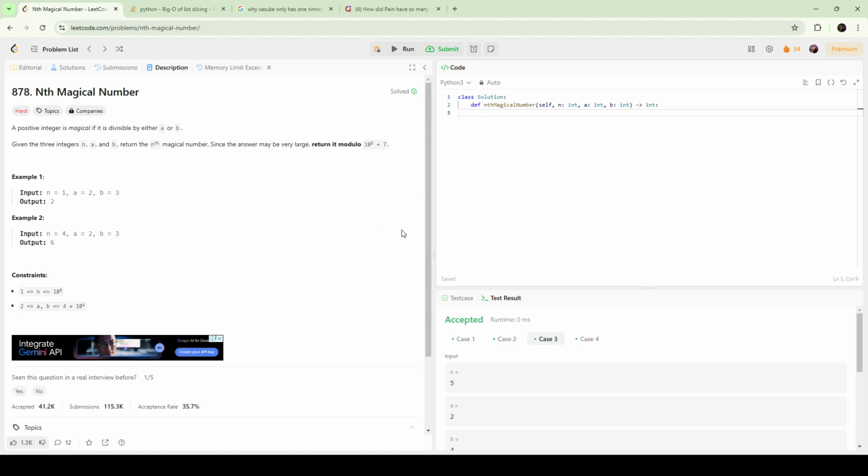Else, we're just going to set our right pointer to mid, right? Okay, so that's basically the approach we are going to take.